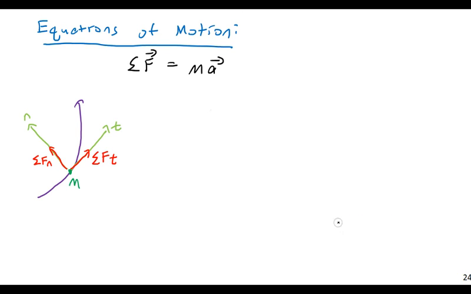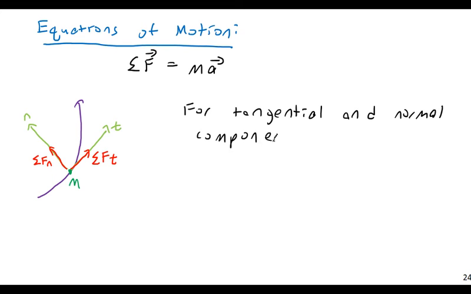So for tangential and normal components, the sum of the forces in the tangential direction is going to be equal to the mass times the acceleration in the tangential direction, and the summation of forces in the tangential direction in turn is going to be equal to m dv/dt.